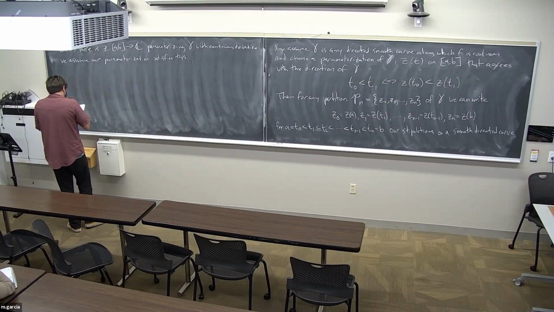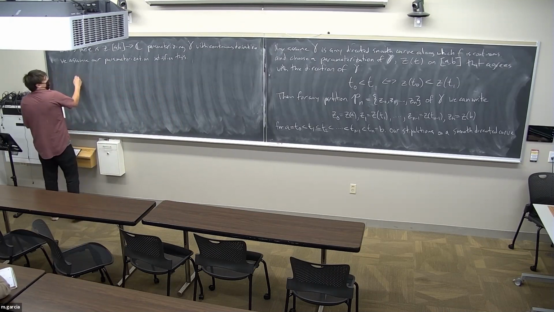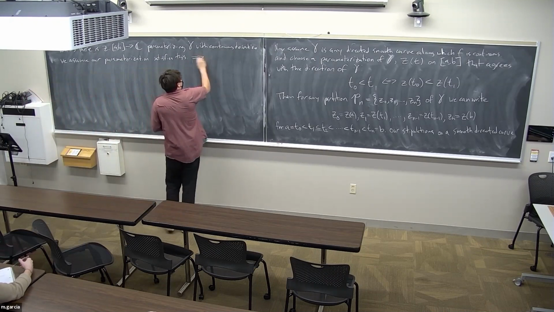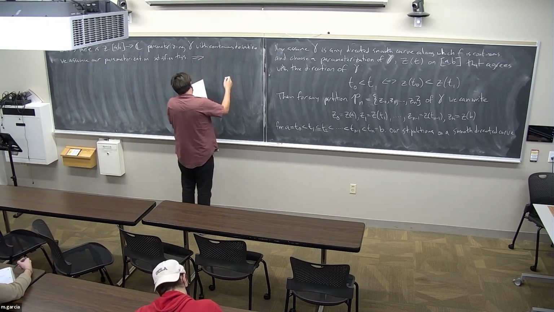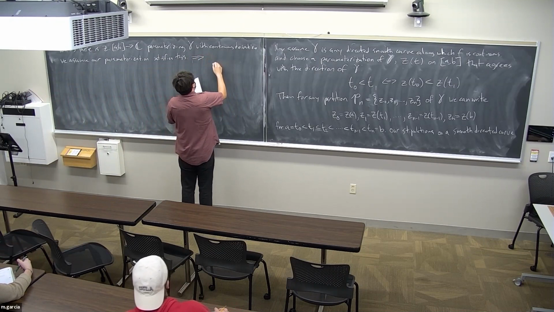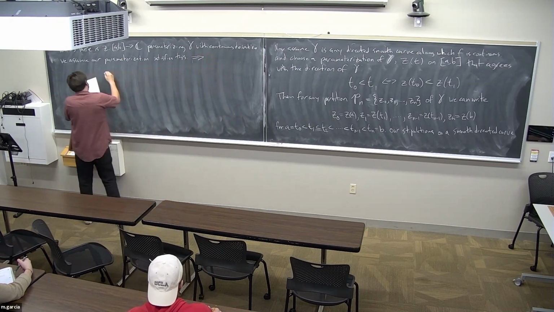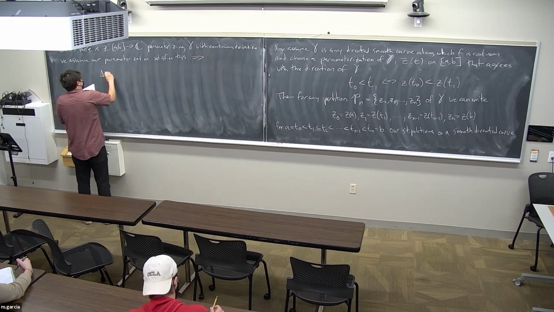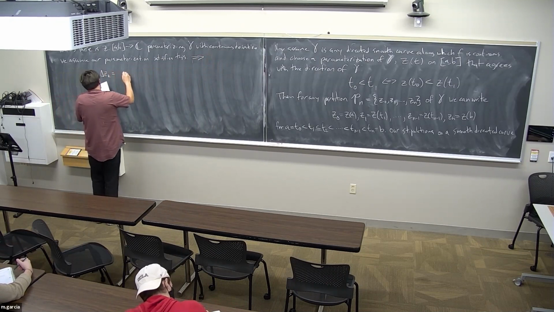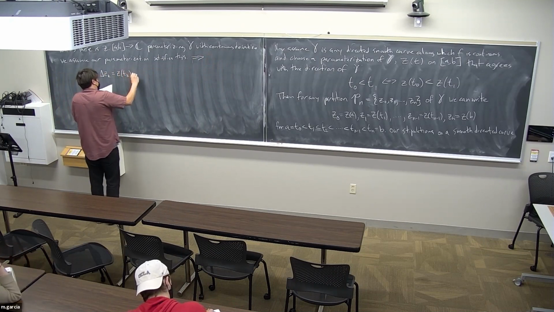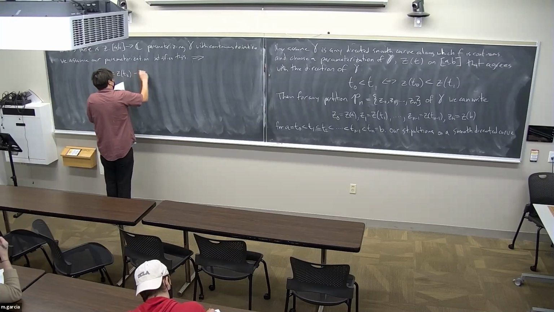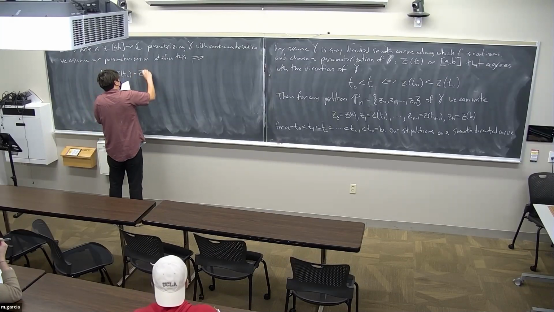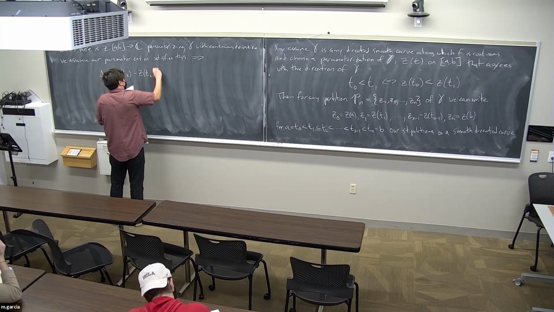Okay? So what this tells us, this implies that the finite difference, that is delta z sub k, which you'll remember is z of t sub k minus z of t sub k minus 1, right?